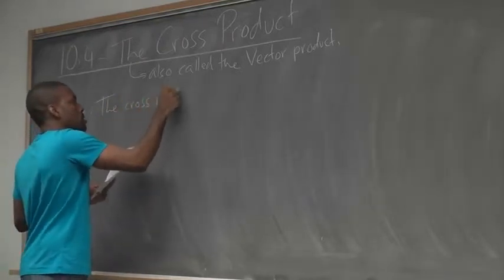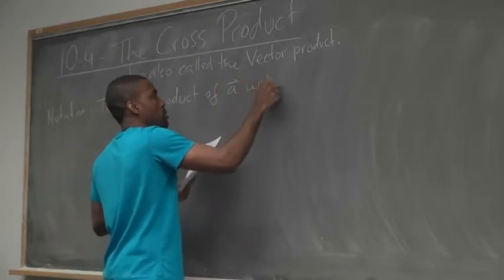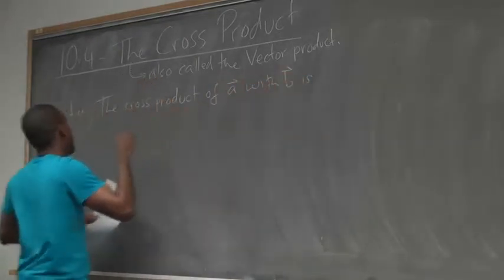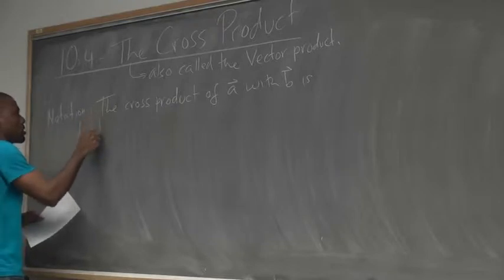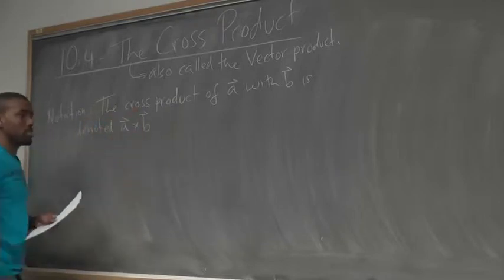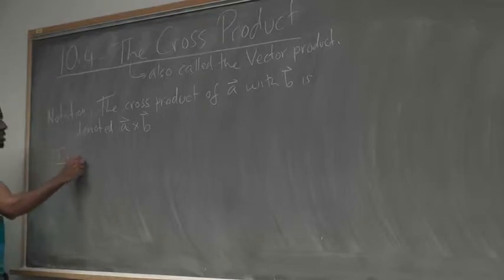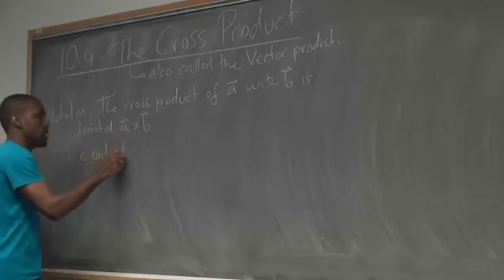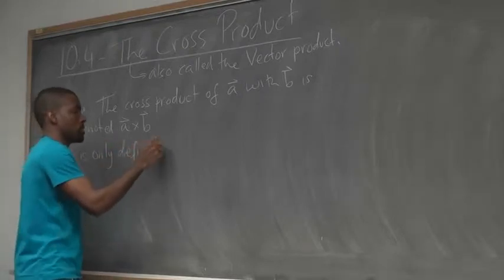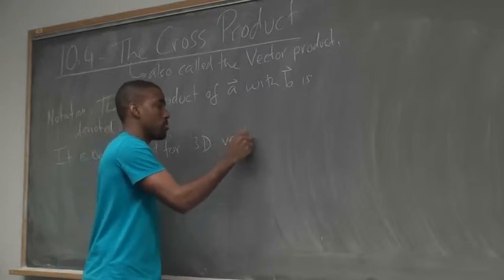The cross product of A with B is denoted A cross B, just like a cross there. Okay? And here's a very important thing. It is only defined for three-dimensional vectors.